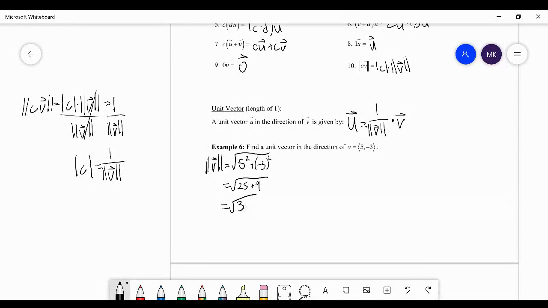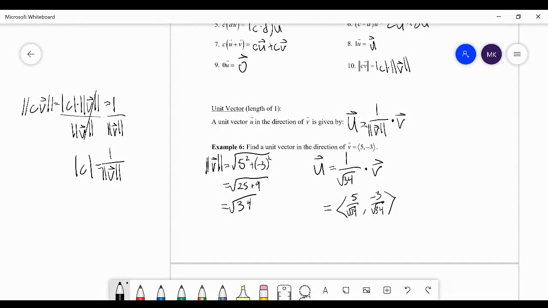Sorry, 34. I can do math too. It's okay. So we know what the magnitude of v is. That means u is equal to 1 divided by the square root of 34 times the vector v. So that's going to be <5 over root 34, negative 3 over root 34>. And that's it.